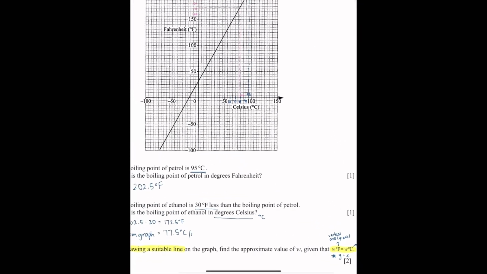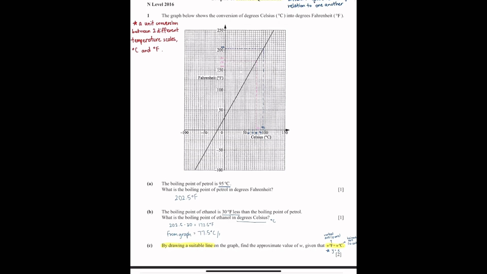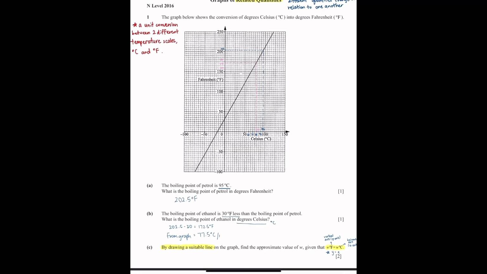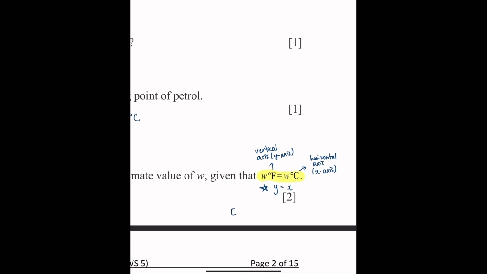You must be wondering, how do I draw the line y equals x? For the line y equals x, every y value will be equal to the x value, and it will also pass through the origin.